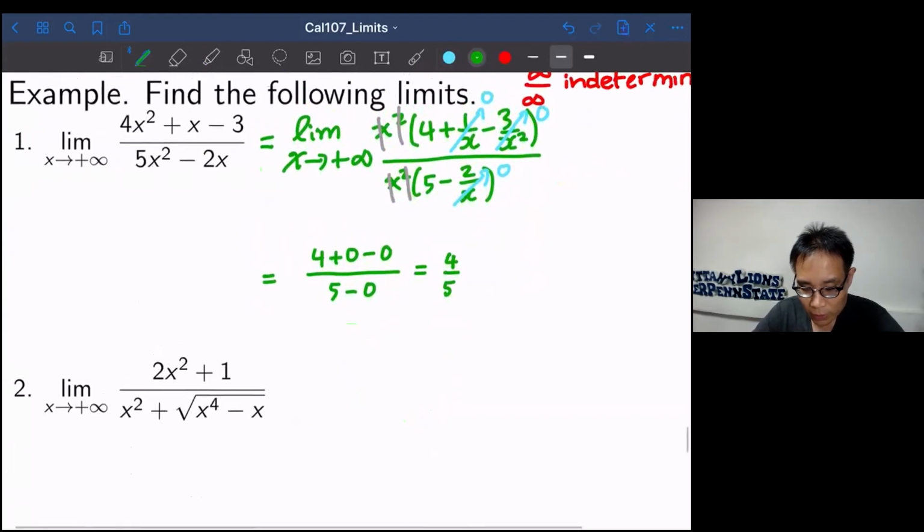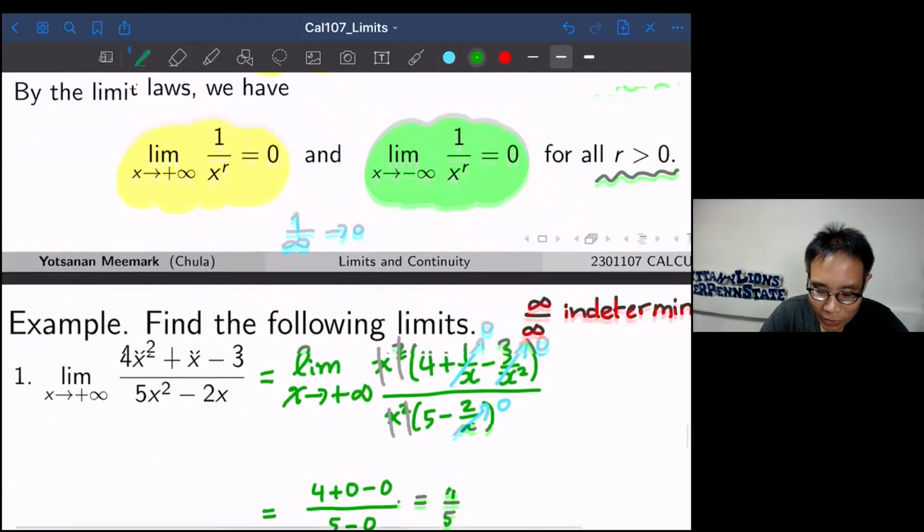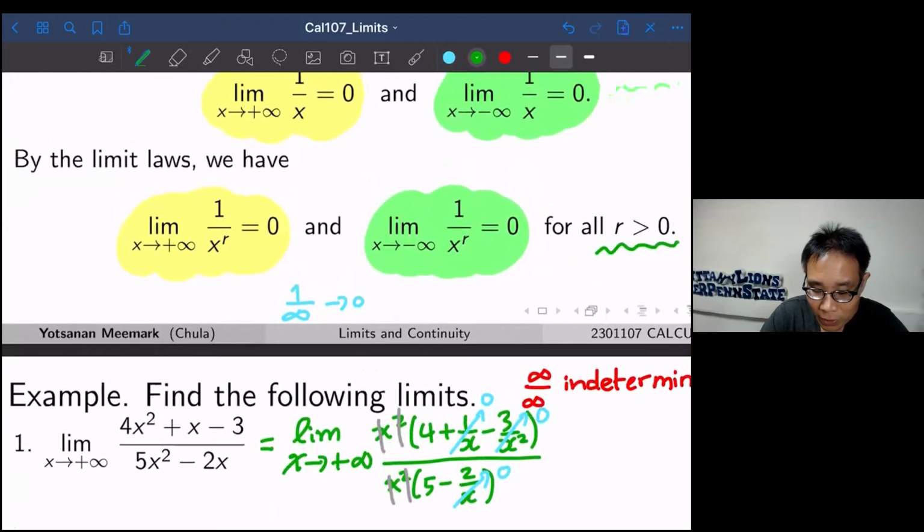The second one, you have the limit as x goes to positive infinity of (2x squared plus 1) over (x squared plus the square root of x to the fourth minus x). Again, you're going to try to do the same thing. You're not going to get rid of the square root as usual. The thing that we're going to do is try to put it into 1 over x to the r.